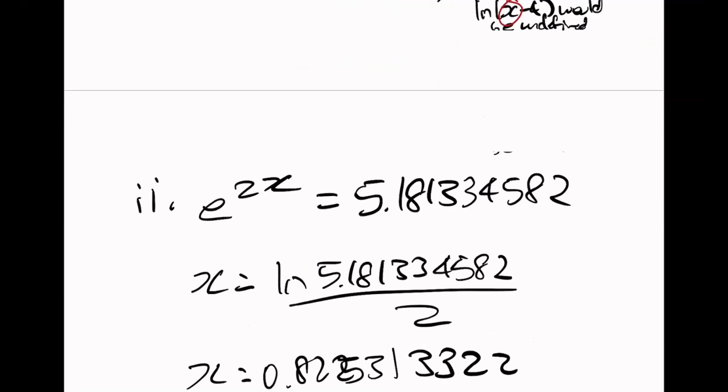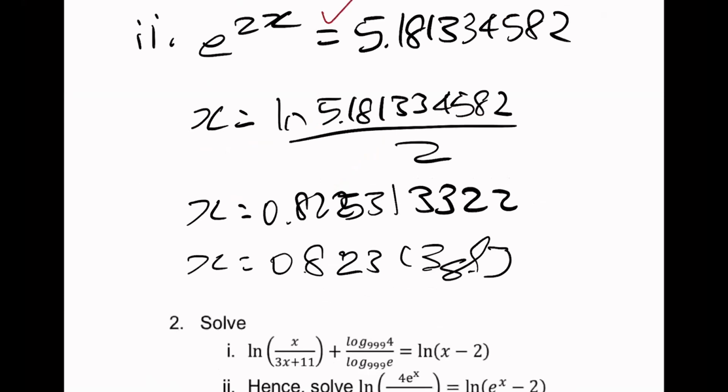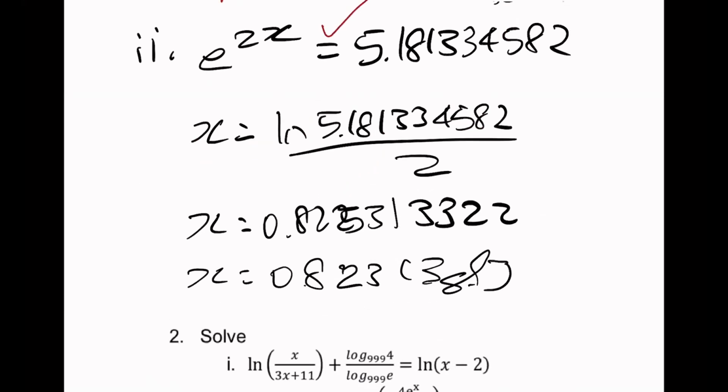Next, hence solve the equation ln 4 times e power 6x over 3 times e power 2x plus 2 minus 4x equals to ln e power 2x minus 4. You're basically substituting the x with e power 2x. Yes, good. You identified that. Okay, then you just need to ln both sides and then divide by 2.